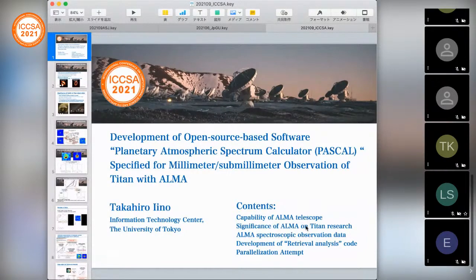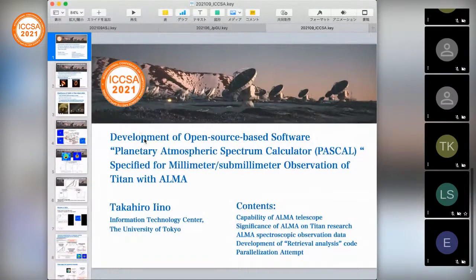First of all, I'm going to show you what the ALMA telescope is and its significance on Titan's research, and what the observation data of ALMA is, and show you our recent development results of the retrieval analysis code called Pascal, and its results, parallelization attempt and future perspectives.